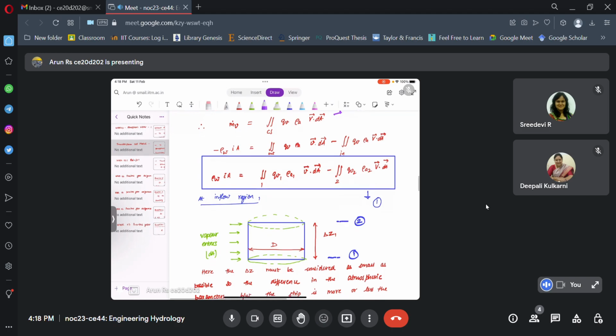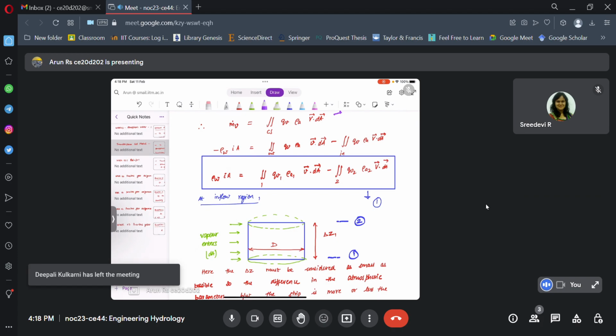For the inflow region, we have given the notation 1, and for the outflow region we have given the notation 2, and rearranging this equation, we get the mass flow rate on the left hand side is equal to inflow region minus the outflow region.